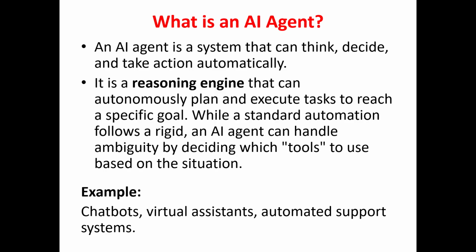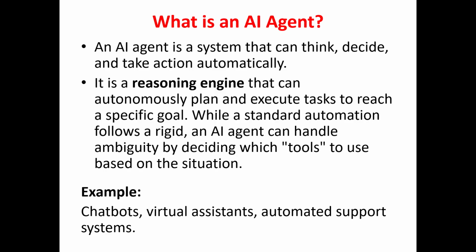In other words, an AI agent is a reasoning engine that can autonomously plan tasks and execute those tasks to reach a specific goal. So for an AI agent, there is a goal that is to be achieved, there is a thought process, and there are steps to achieving that goal.